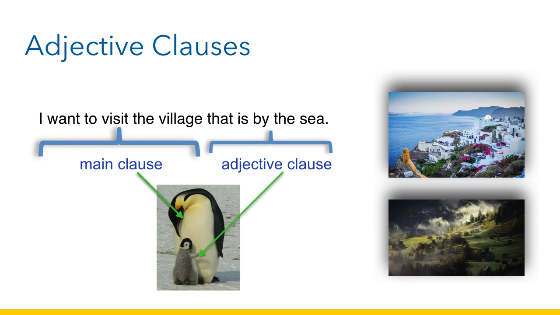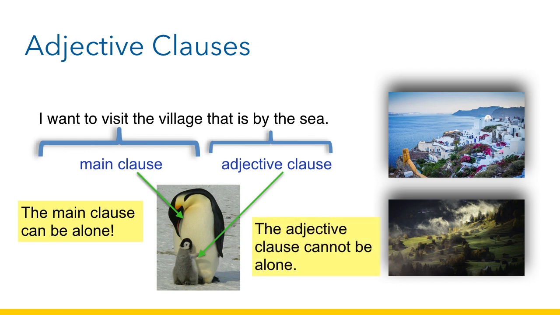So I have a question as you look at this sentence. Which clause can be alone and still be a good sentence? The main clause can be alone, but the adjective clause cannot be alone. Otherwise, it's not complete.